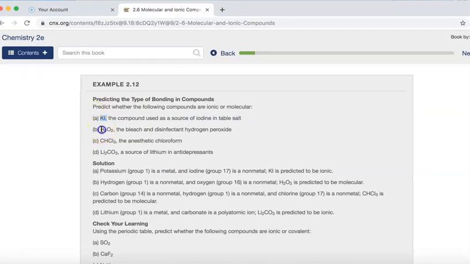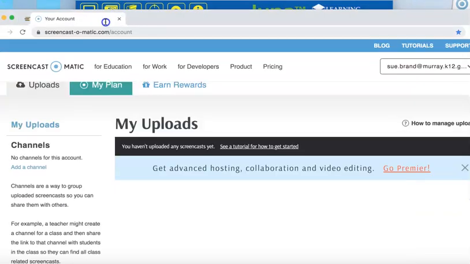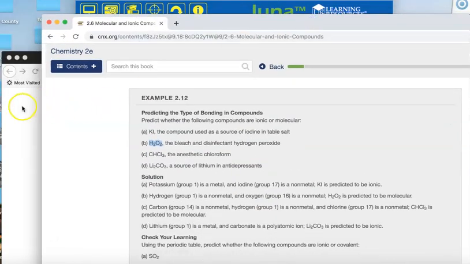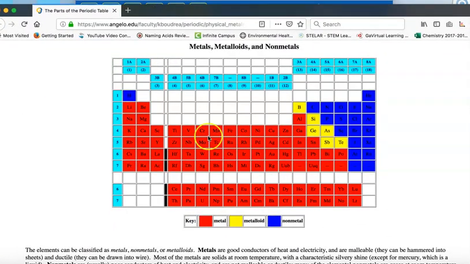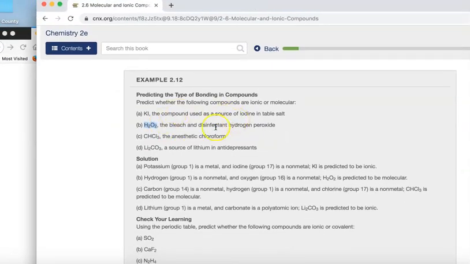All right, next one, H2O2. I need to look up hydrogen and oxygen. Hydrogen is a nonmetal, oxygen is a nonmetal. Because you have two nonmetals, that compound would be a molecular compound.